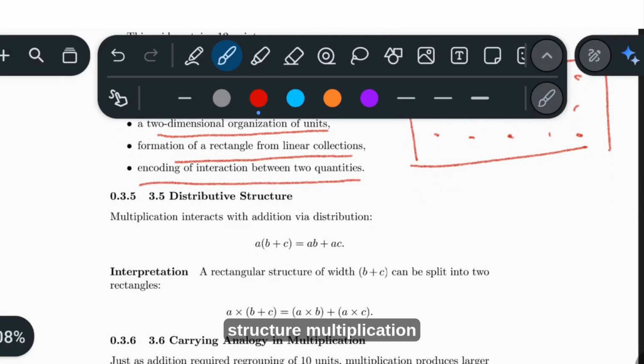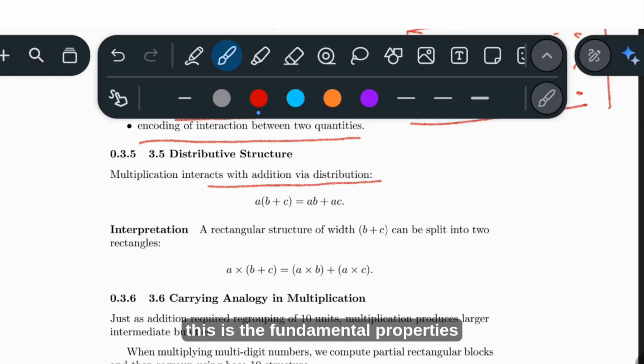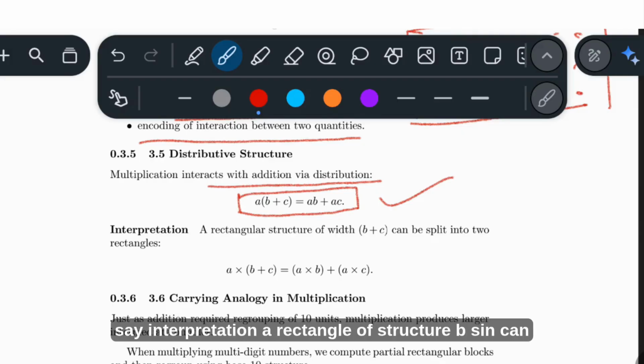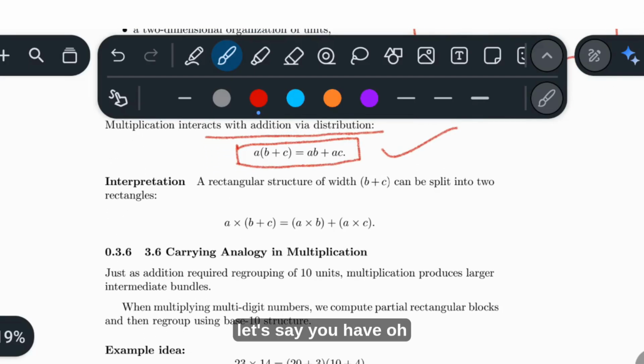Distributive structure: multiplication interacts with addition via distribution. This is a fundamental property to remember. The interpretation is that a rectangle of sides A by B plus C can split into two rectangles.